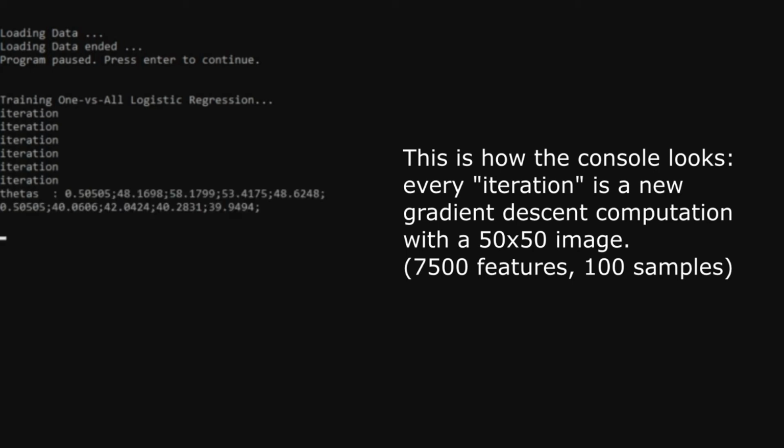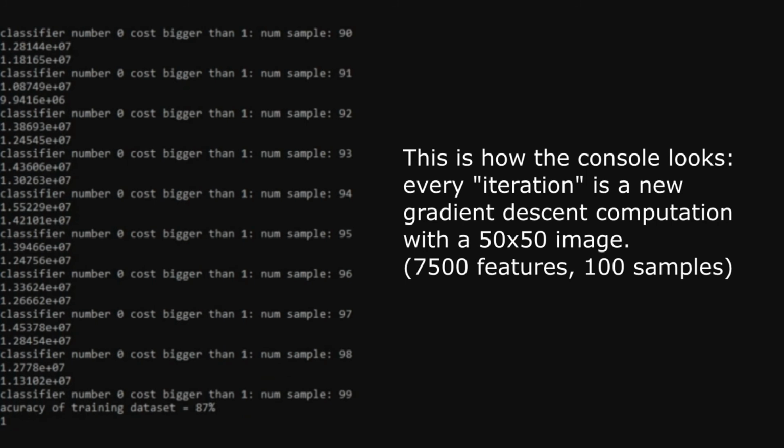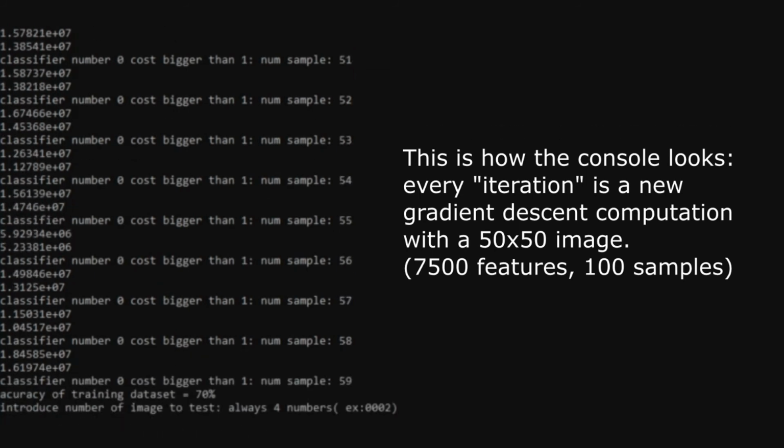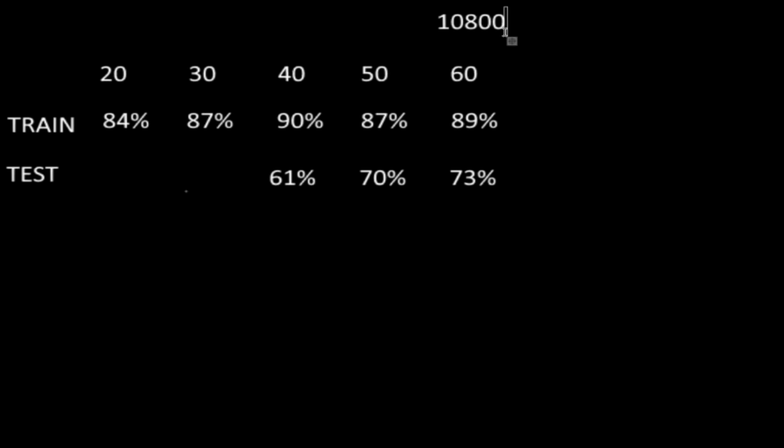With this kind of algorithms, when you work in deep fakes or things like that, people spend hours and hours just training the algorithms because they're using a lot of features. Like when I'm using 60, that's 10,000 features, because we got 60 by 60 by 3.